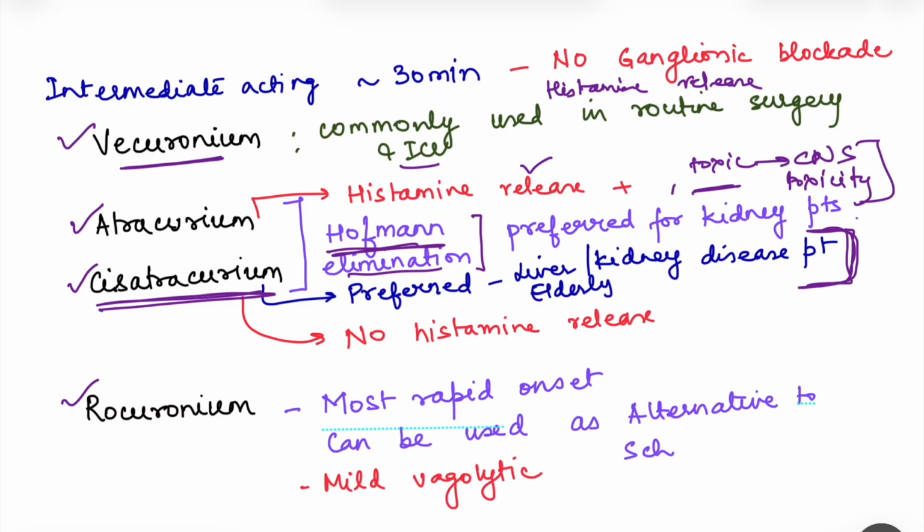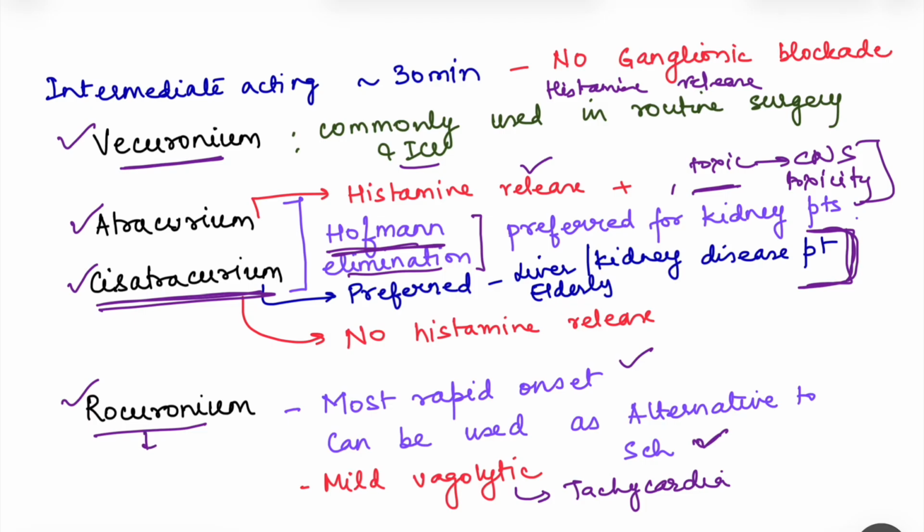Then the next drug is rocuronium. Rocuronium has the most rapid onset, MCQ, okay, most rapid onset, and that is why it can be used as an alternative to succinylcholine. It is mildly vagolytic, so that's why it can cause tachycardia. Okay, so it is blocking the vagus, so tachycardia.